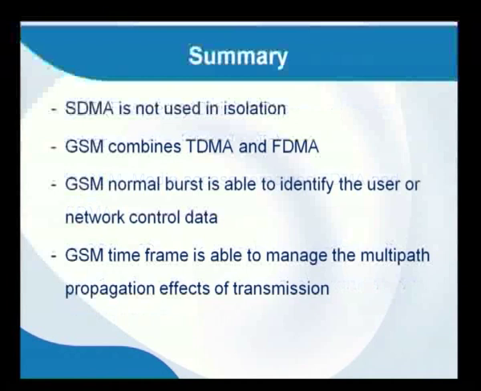In GSM, space division multiple access is not used in isolation. GSM combines time division multiple access and frequency division multiple access. The GSM normal burst is able to identify user data as well as network control data. The GSM time frame is able to manage the multipath propagation effects of data transmission.